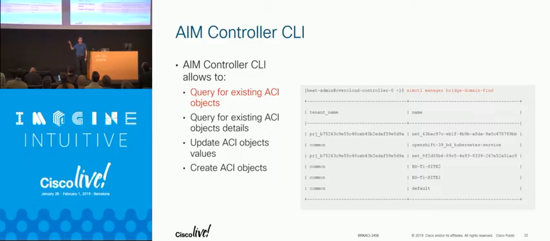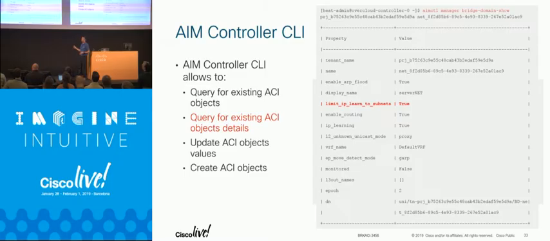Here I'm giving you a brief example. I've got a bridge domain, and I want to influence how it is configured. In the AIM controller, I run the bridge domain find, so I know that ACI has five bridge domains in different tenants. I select mine, the PRJ B7 one.